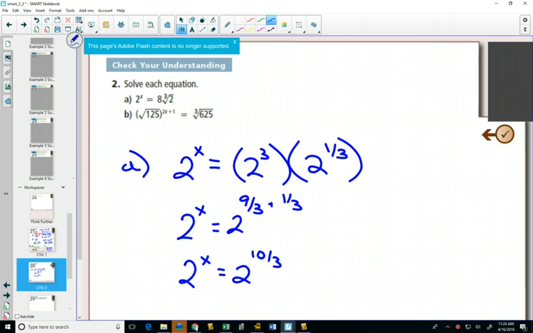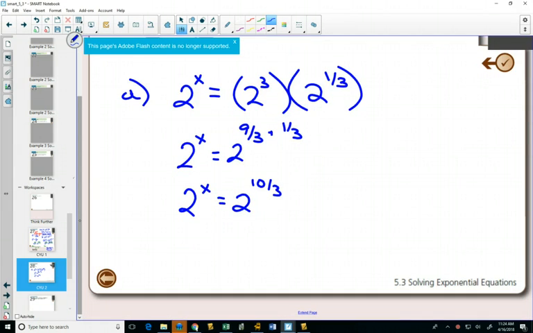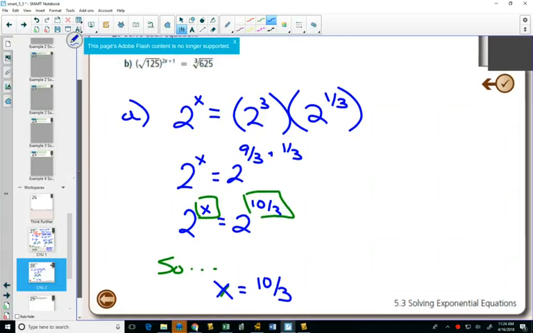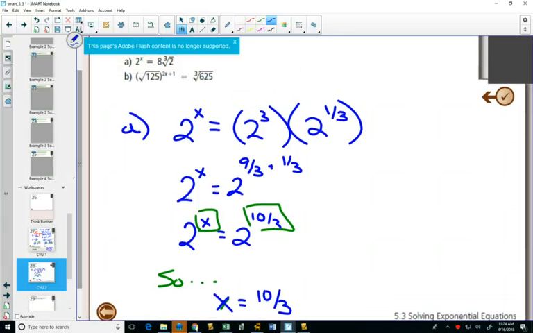And because the powers have the same base, in order for these to be equal, x has to be 10/3.